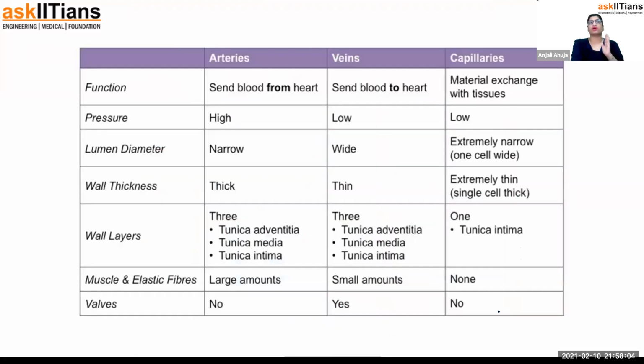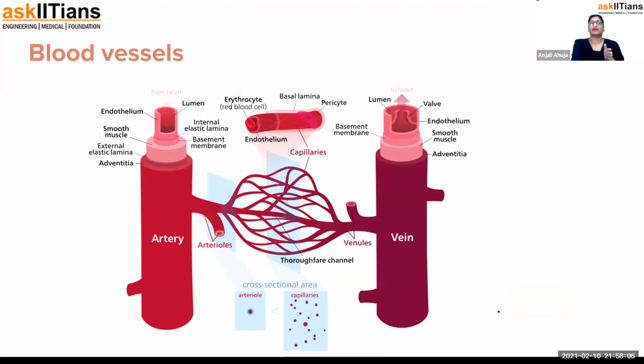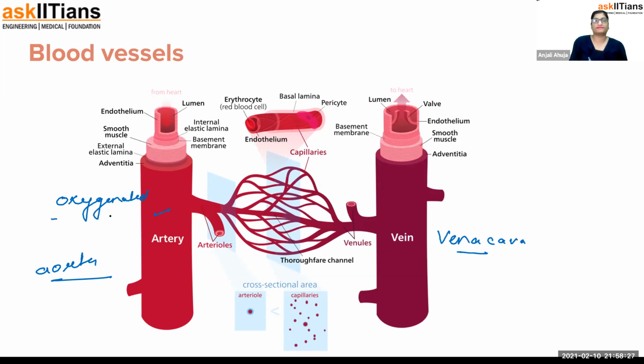Now we have to talk about the last part, which is the blood vessel. Guys, I told you vena cava, aorta. So there are veins and artery present in our body. A lot of artery together form the aorta and a lot of vein together form the vena cava. Into the artery, mainly oxygenated blood used to move, except pulmonary artery.